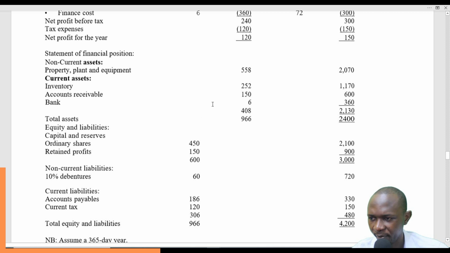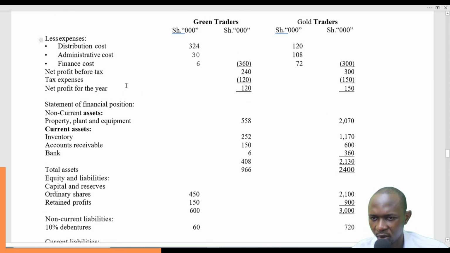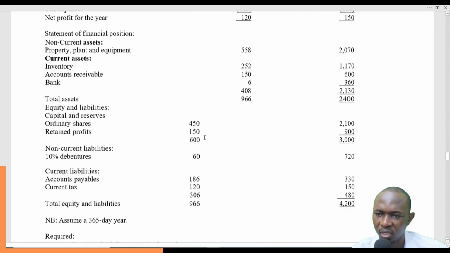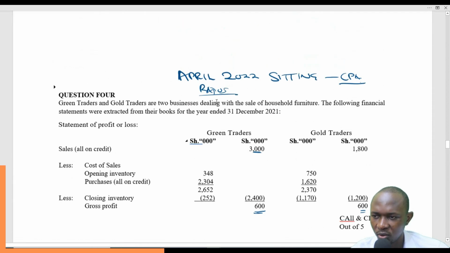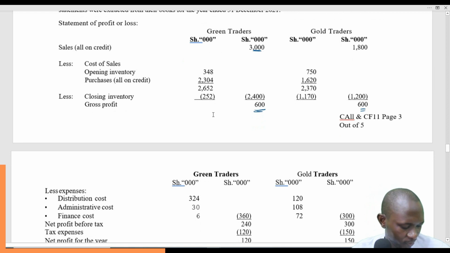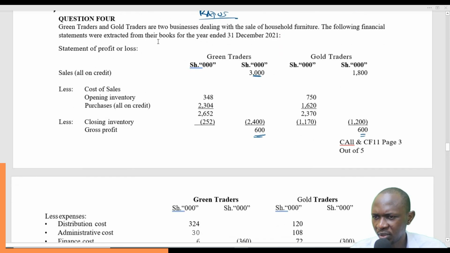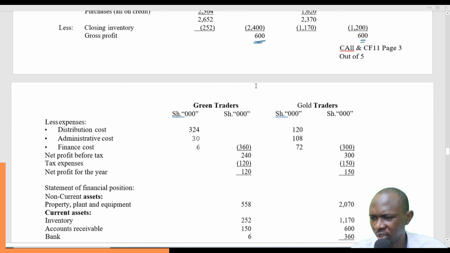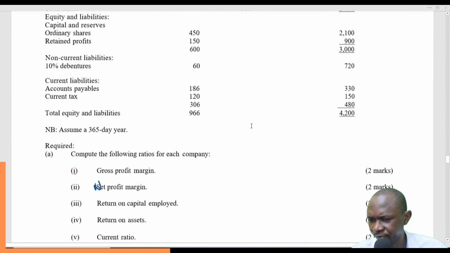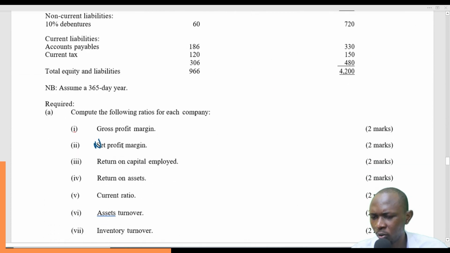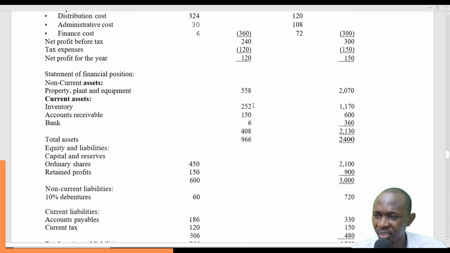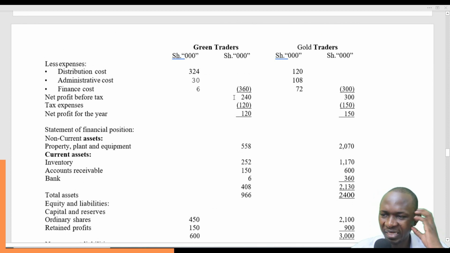So we have 120, 150. Then let's go to the next one. Now it is important for me to state here that if we had been asked for the operating profit margin, then we would have taken this figure here without the taxes.